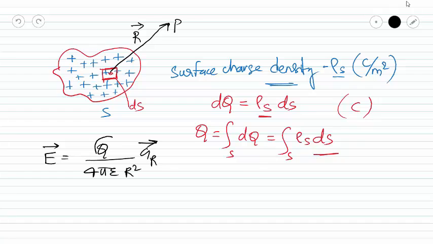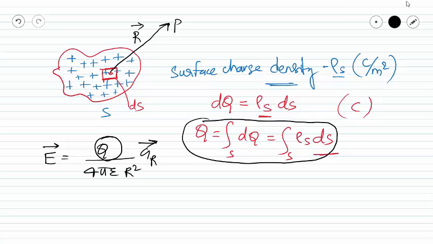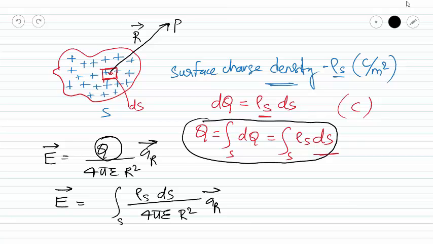Now we will replace this q with the q we got for the surface charge distribution. So substituting here, for a surface charge distribution, the electric field intensity at a point is given by integral over s rho s ds by 4 pi epsilon r square a r bar.